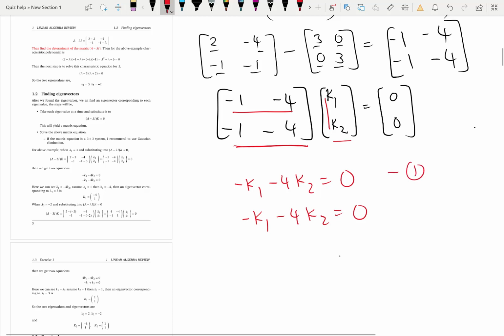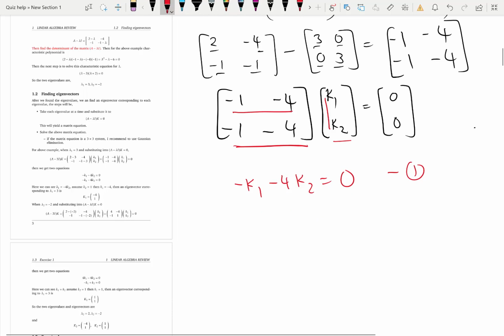Let's label them. Here's an important thing. When you're finding eigenvectors in a 2 by 2 case, even in the 3 by 3 case, even though you can see there are 2 equations here, this is really only 1 equation. Do you see that? The second equation is the same as the first equation. So we really don't have a second equation.